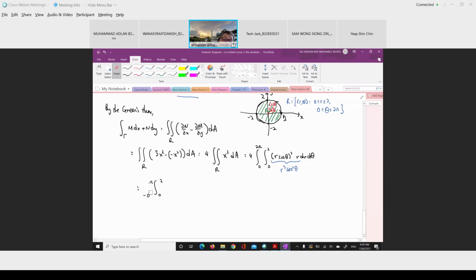Because the limits are all numbers and the integrand is a function of r alone times a function of theta alone, we can evaluate this as a product of two single integrals: the integral of r cubed dr, times the integral of cosine squared theta d theta.